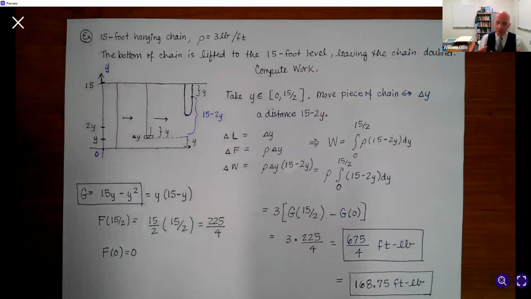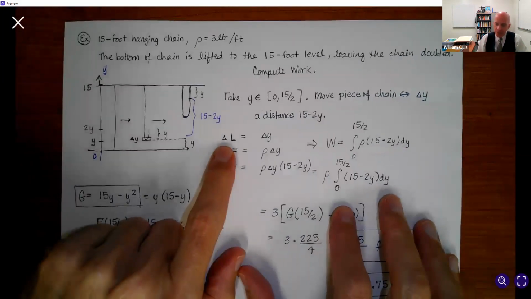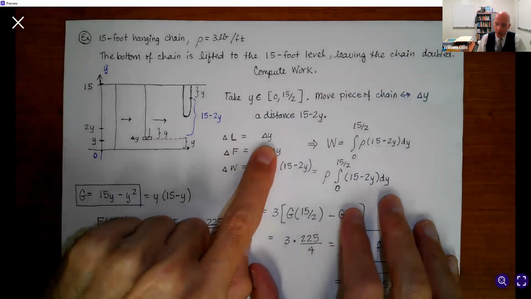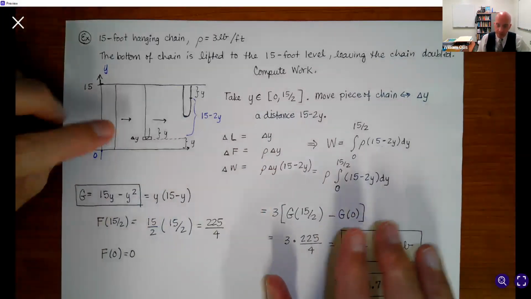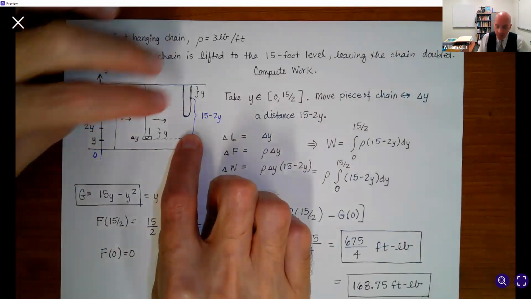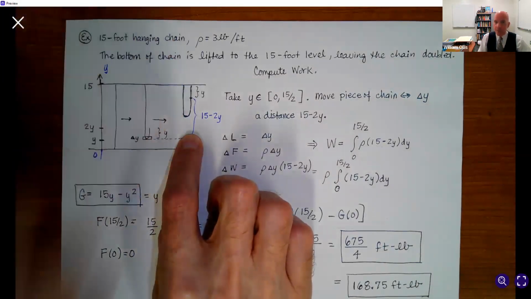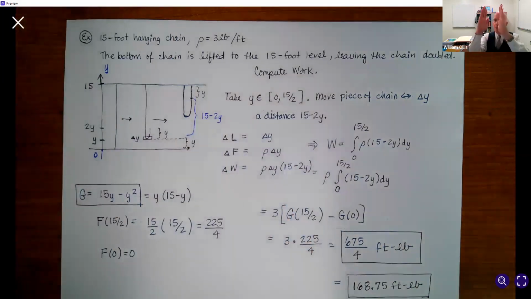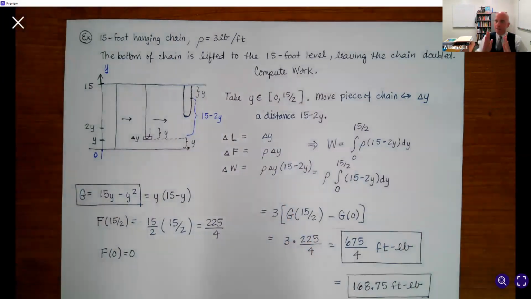So now you think, okay, the length of the delta L is just the delta Y. And then as I've just said, this little delta Y will have to go this distance so that this meshes with this. Again, you can't just keep going and bunch up the chain.